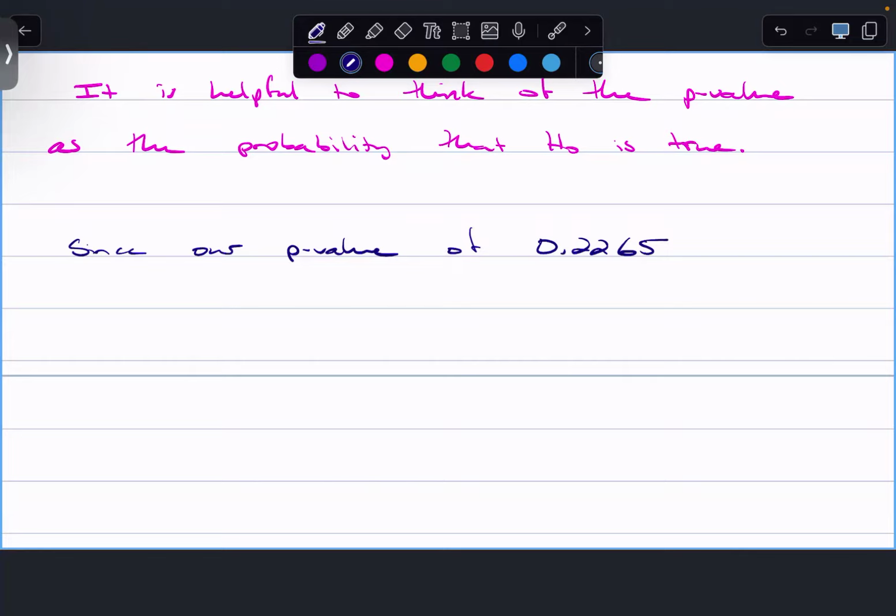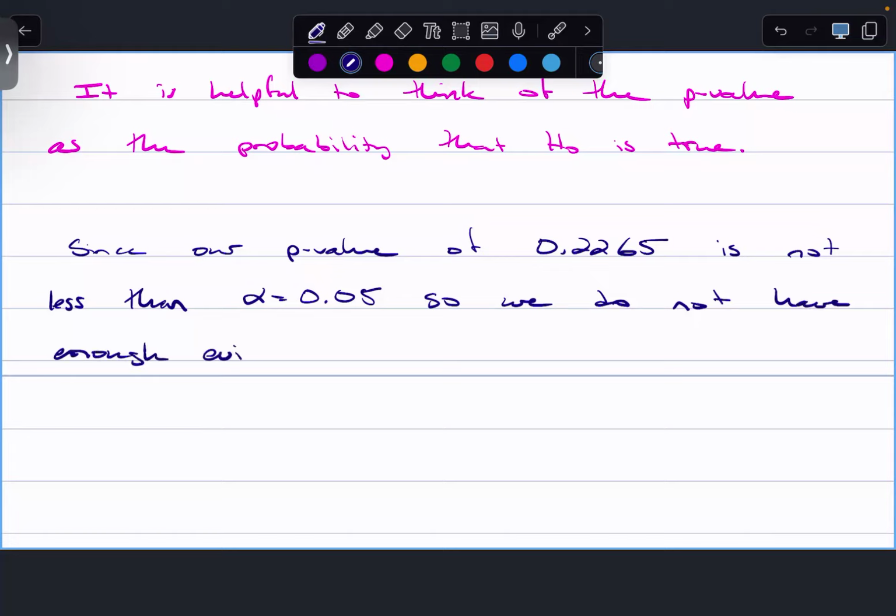It's not less than 0.05, and maybe I'll say alpha equals 0.05 because alpha is our significance level. So we do not have enough evidence to reject H naught.